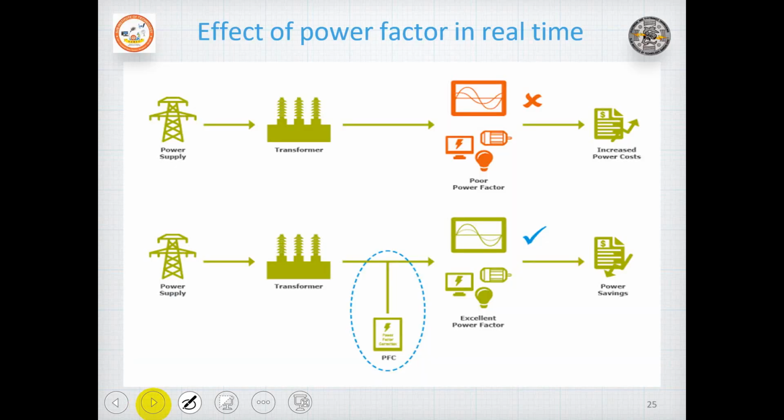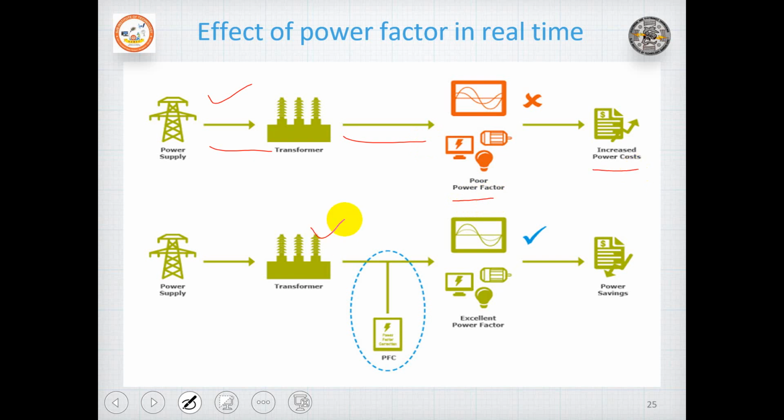Now, the effect of power factor in real time. As I discussed, after generation, power is stepped up using a transformer and then transmitted to the consumer. If you have a very inductive load with a lagging power factor, you have poor quality and increased power costs.